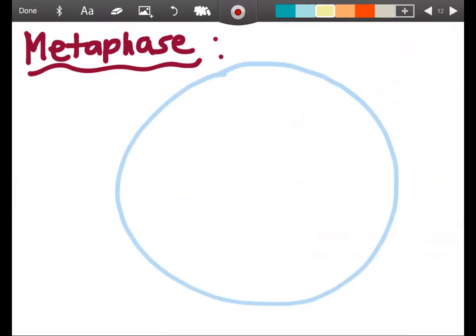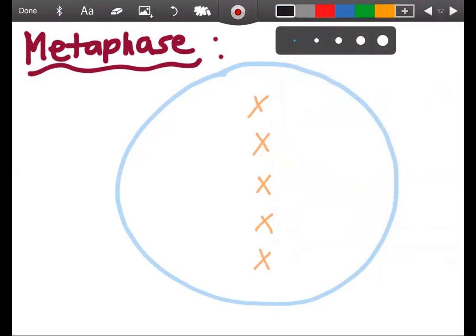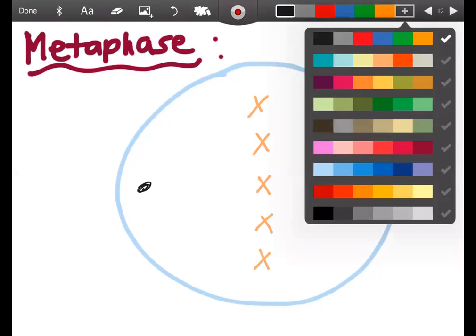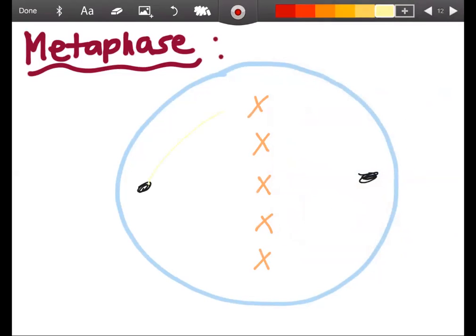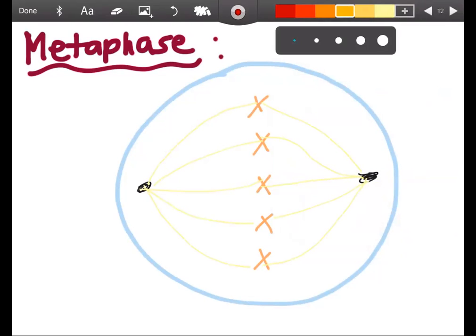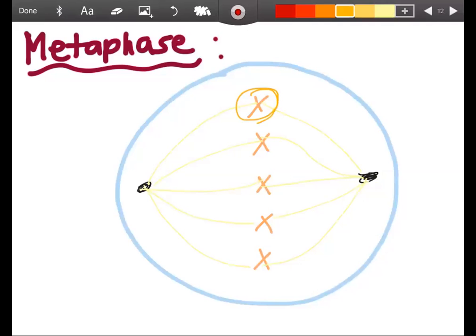And then in metaphase, these chromosomes are going to line up at the metaphase plate. So metaphase is essentially, meta means middle. So these chromosomes are going to line up directly in the middle of the cell. Don't forget, our spindle fibers are still connected to each of these chromosomes with the kinetochores. And each sister chromatid is attached to a spindle fiber from opposite poles. So sister chromatids, this is basically referring to the chromosome I have here.